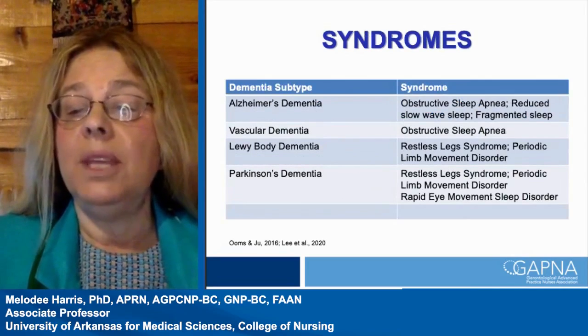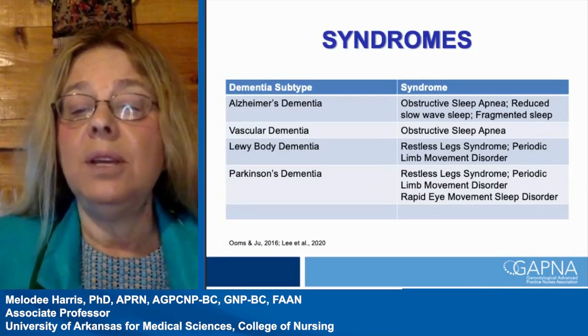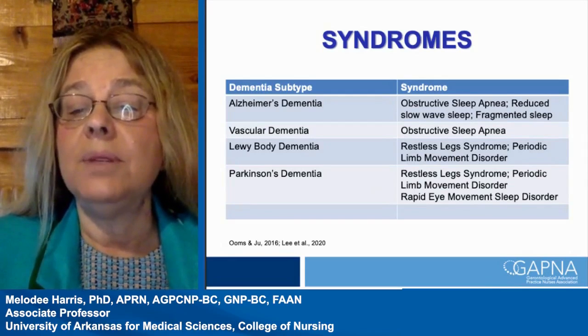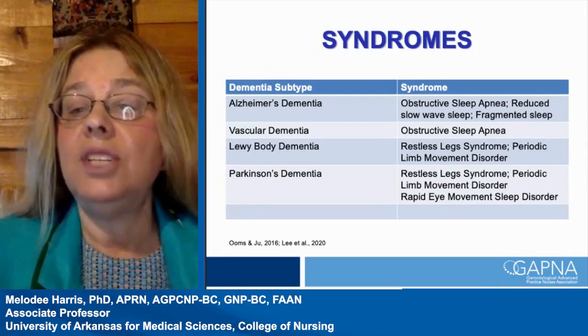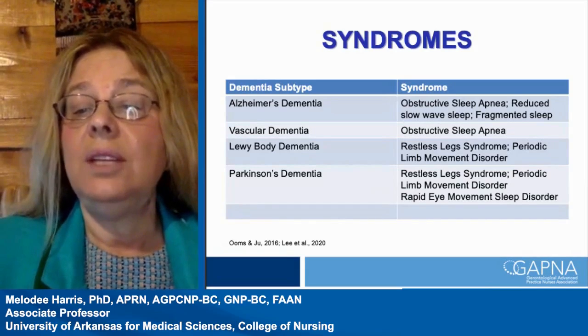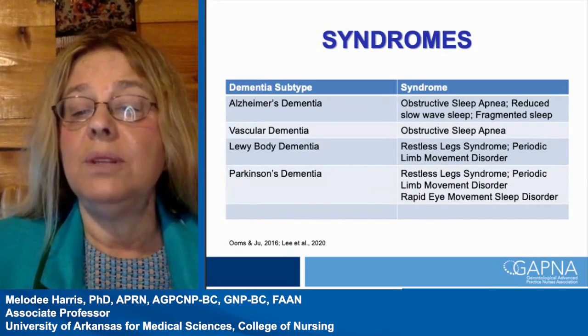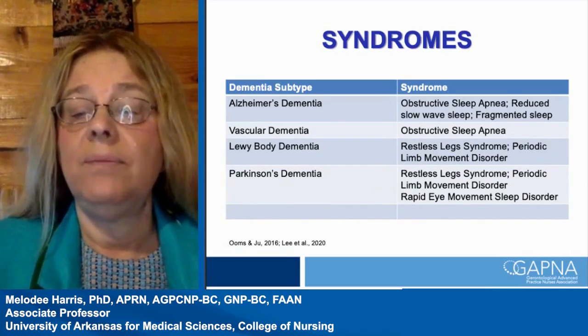Compared with other populations, persons living with dementia present with atypical symptoms. Irritability, daytime sleepiness, hallucinations, confusion, and decreased cognition are symptoms of sleep disturbance for persons living with dementia.